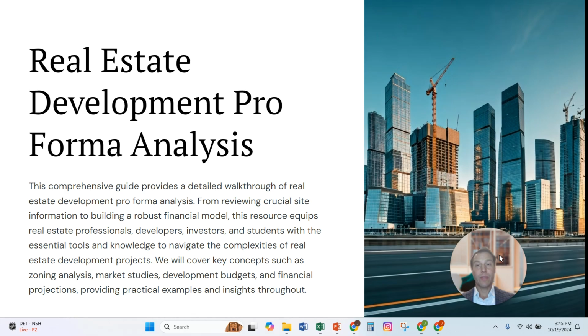This guide is going to provide a detailed walkthrough of the real estate pro forma. There's going to be 6 lessons. We're going to review how to analyze site information to build our model. We're going to see what goes into the model and how we can use that pro forma model to determine our returns and if a project is worth pursuing.